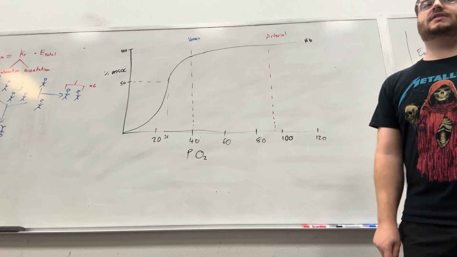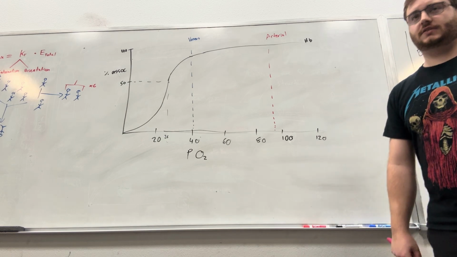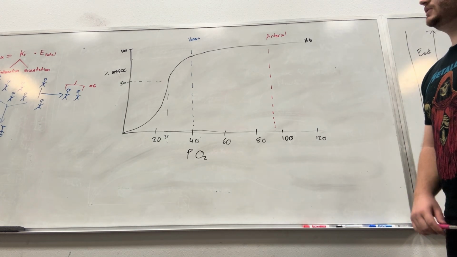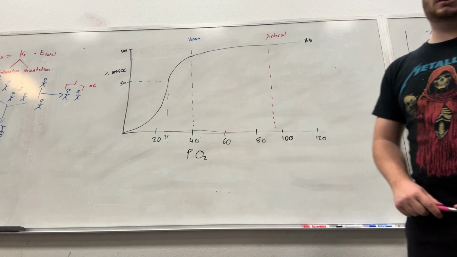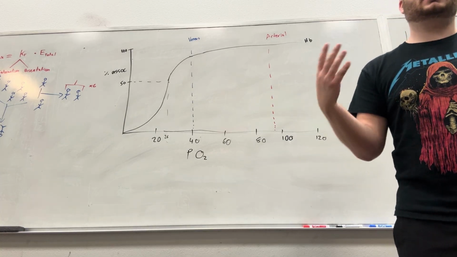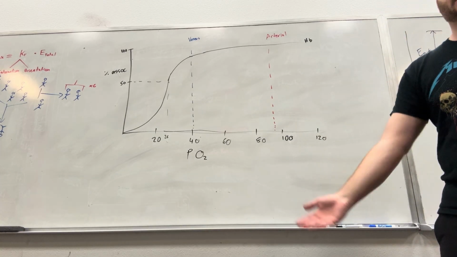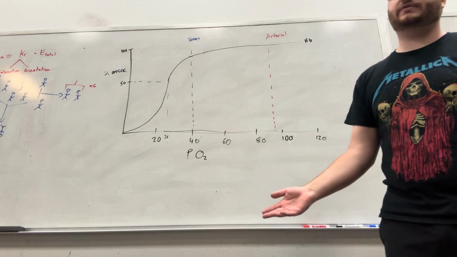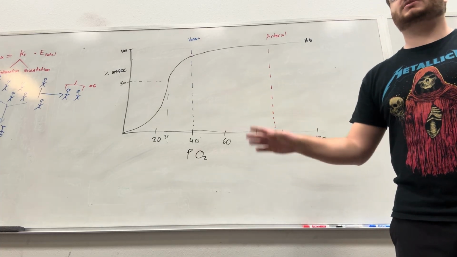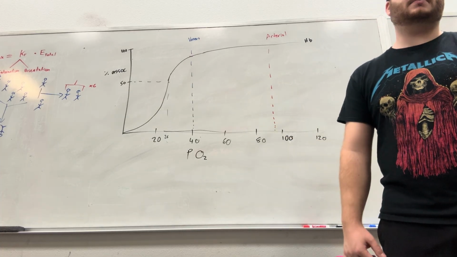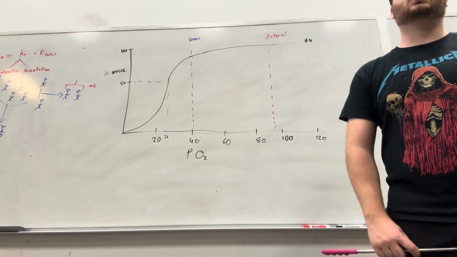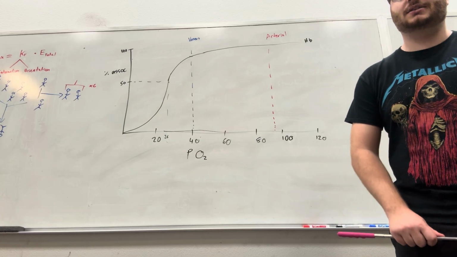Cool? That is extremely important to notice, right? If it's at 75%, that means 3 of the 4 oxygens are present on the hemoglobin. Now that is still really, really high.